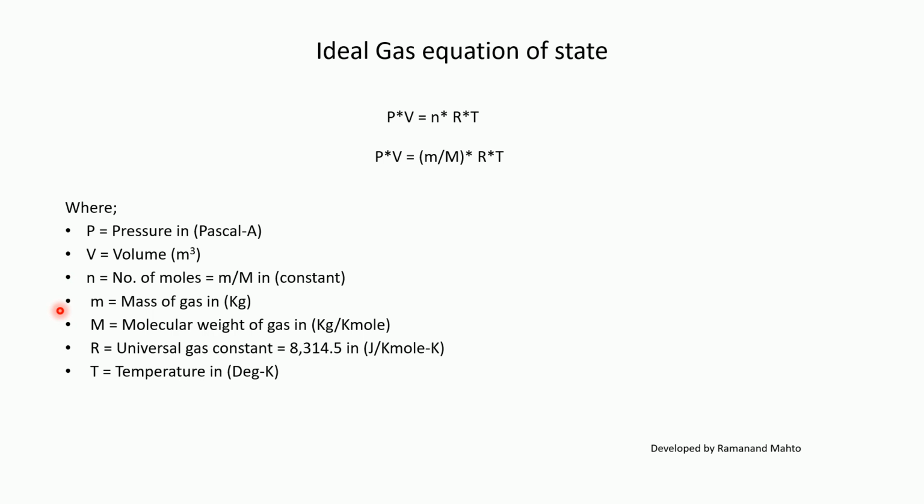Small m is mass of gas in kg, capital M is molecular weight of gas in kg per kilomole. R is the universal gas constant, which is 8314.5 joule per kilomole per Kelvin, and T is the temperature in degree Kelvin.